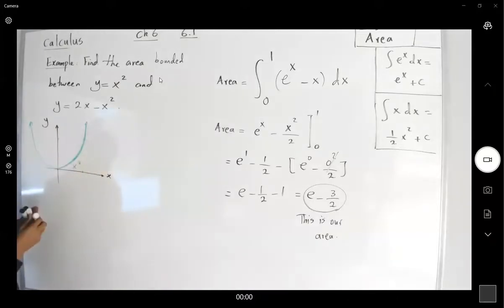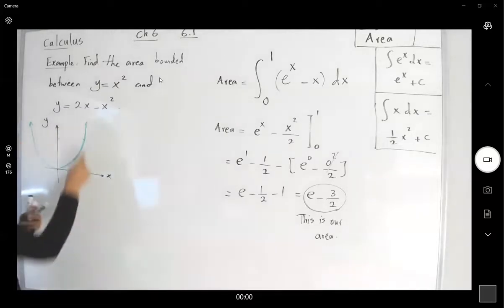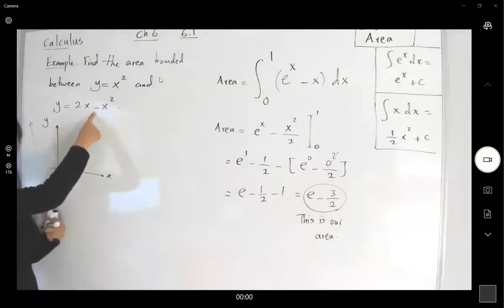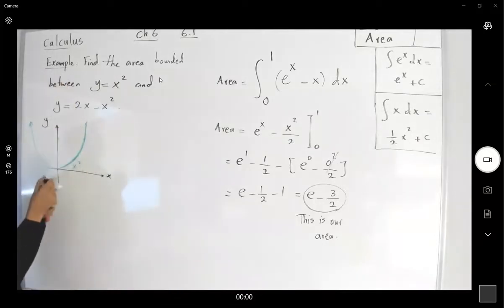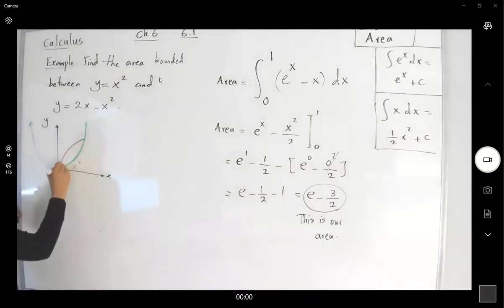The second one is also a parabola, but remember that the leading coefficient is negative, so it's going to be concave down. Well, okay, 0, 0. If I plug in 1, I get 1 again, and I know the graph behaves like this.